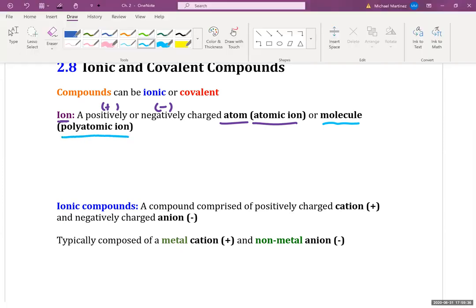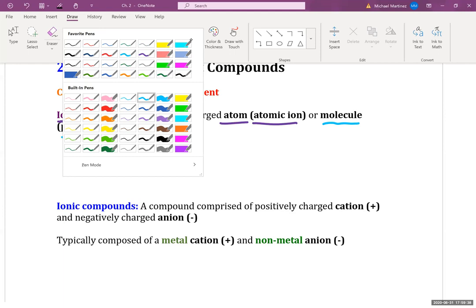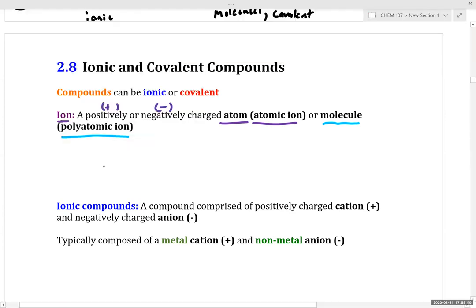An example of an atomic ion would be calcium 2+. One thing to note, we call the positively charged ions cations.